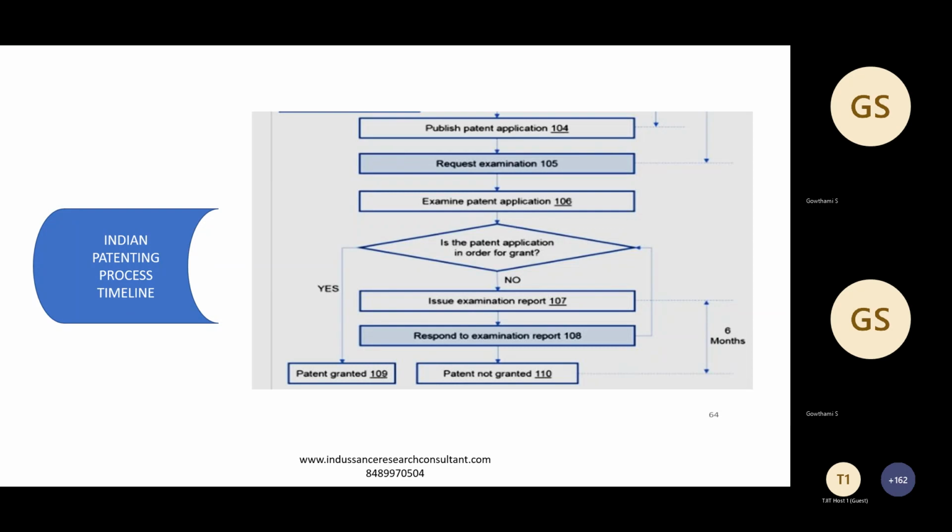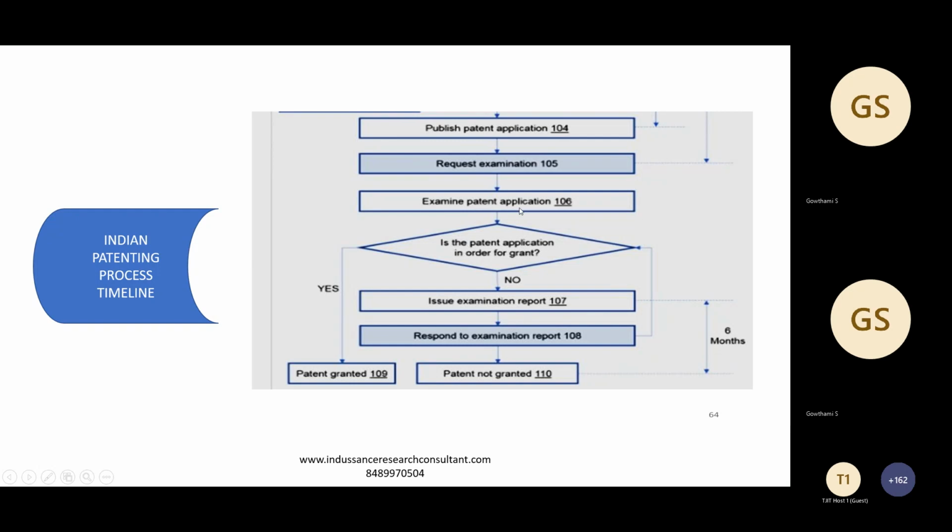Many clients will ask me, ma'am, at the time of filing the application itself, can you just request the examination? No, it's not possible. Only the published applications are eligible to be requested for examination. So after publication, request for examination.